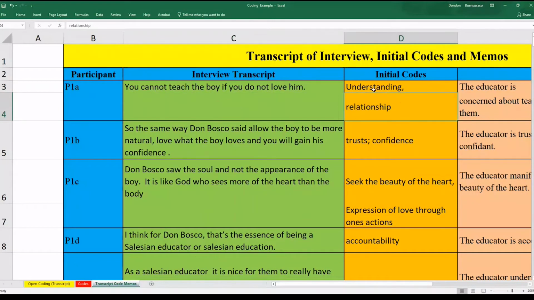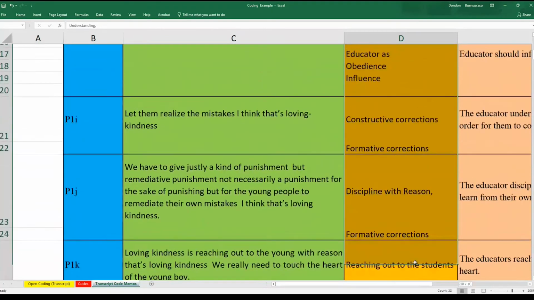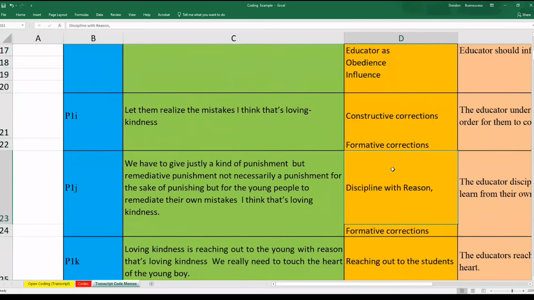So it would be better to organize the data that you have in order for you not to be confused, especially when you are about to categorize the codes, because eventually from the initial codes or meaning units, because we are talking about thematic analysis, what you need to do is to look for similarities and then categorize them into one.